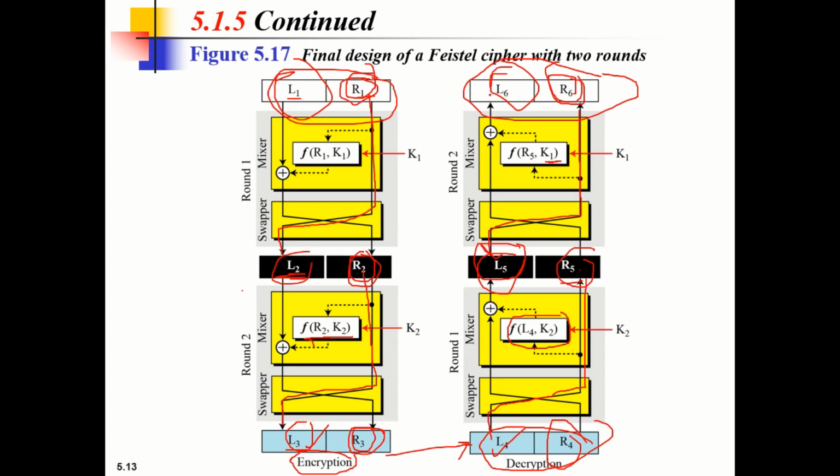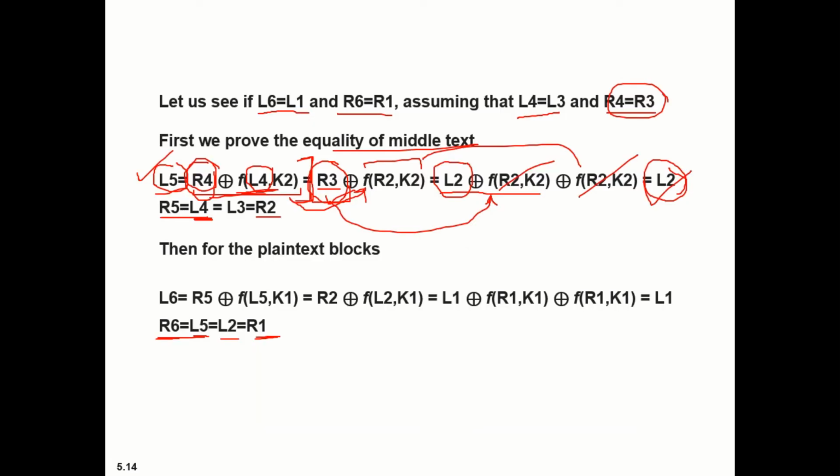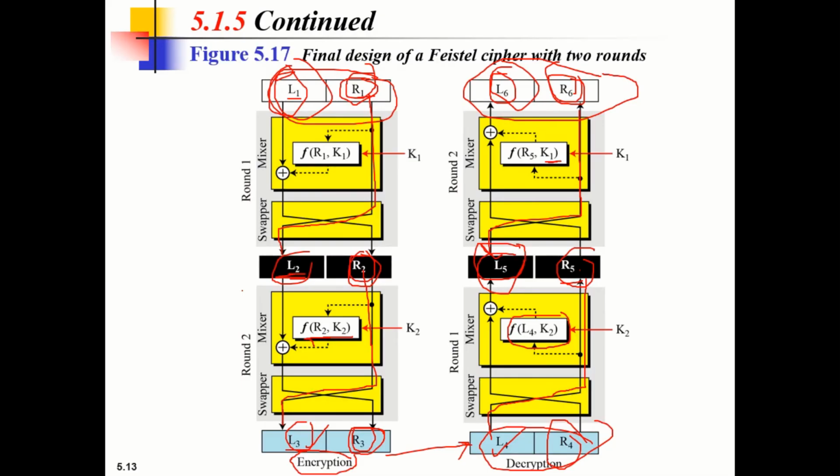Now we have to check for L6 and L1. So we'll use the same expressions, how we have obtained L6, and then how we obtain R1. So we'll use the same method which we have used over here, right? So I'll just brief it shortly. L6 we are getting using this expression, right?